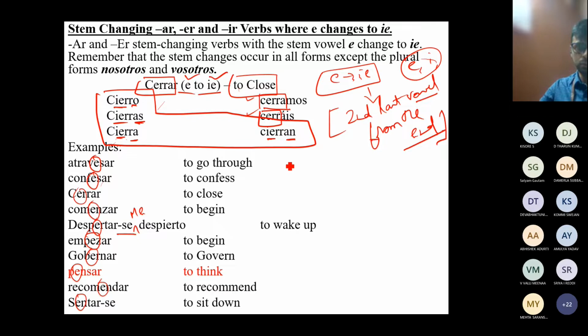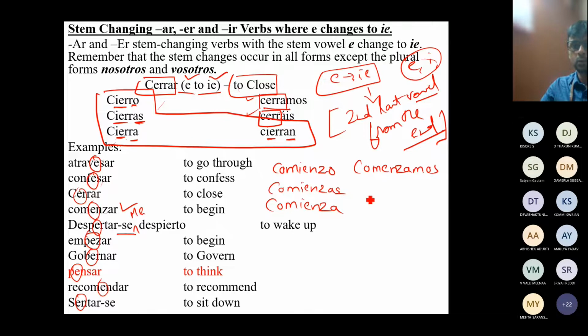Okay, so just you can take any example. Let's take comenzar if you have to conjugate. So it will start with comienzo, comienzas, comienza. Nosotros form, only the end part will change.